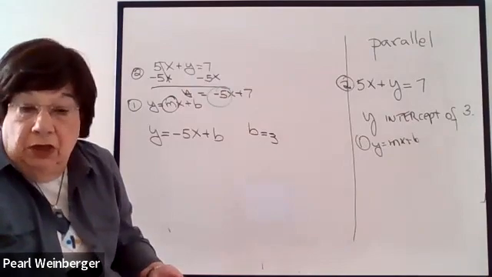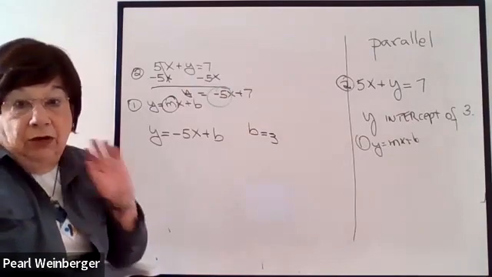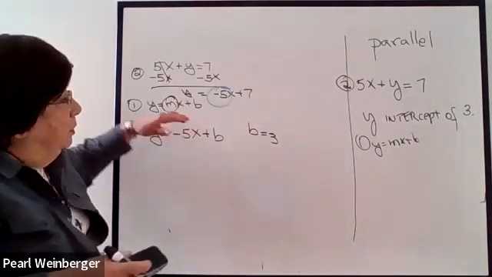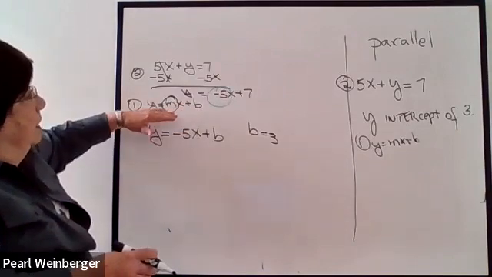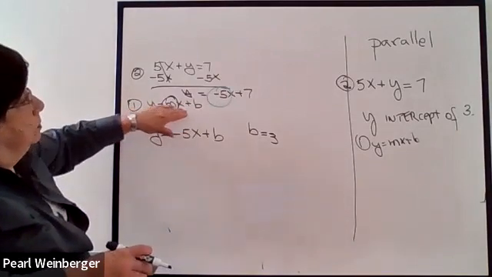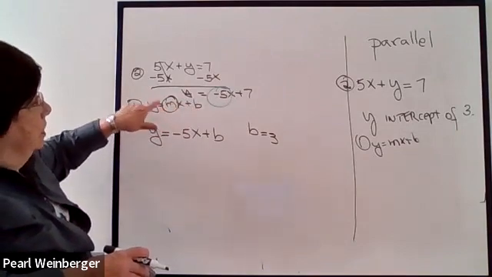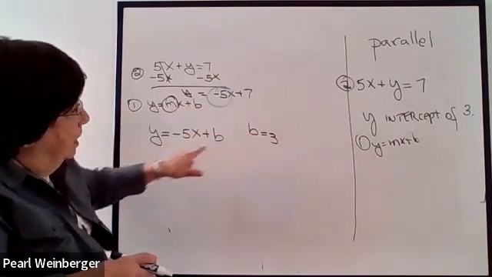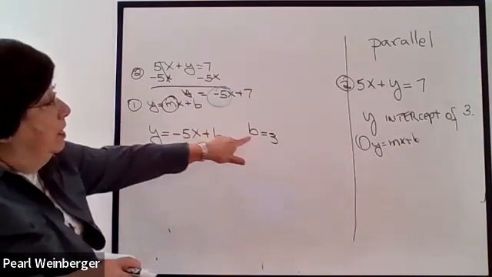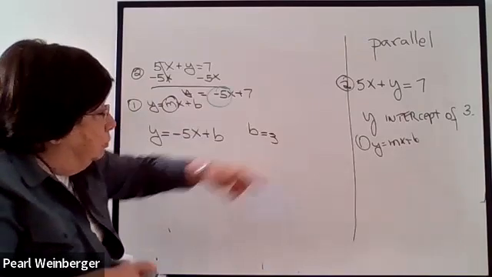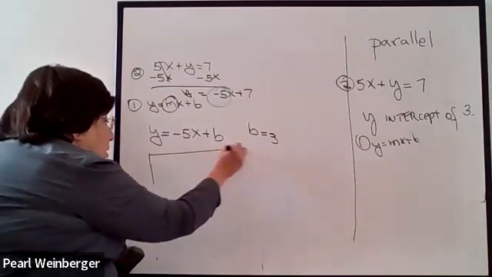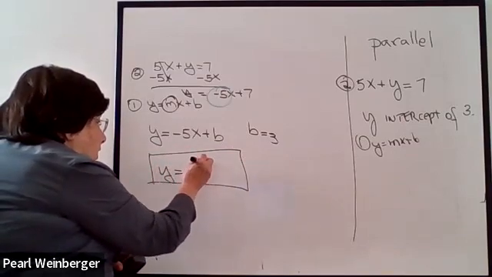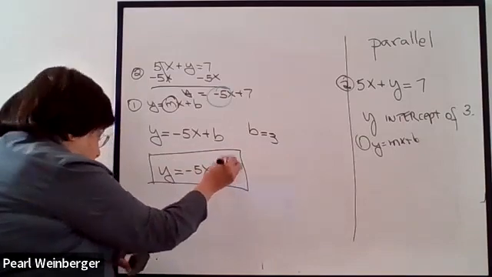Before, when they told me what the x-intercept was, I couldn't stick that right into the equation because it's not the way the slope equation goes. But in the y equals mx plus b form of the equation, the m is the slope and the b is the y-intercept. I know my slope is negative 5. My y-intercept is 3. So here's my equation: y equals negative 5x plus 3.